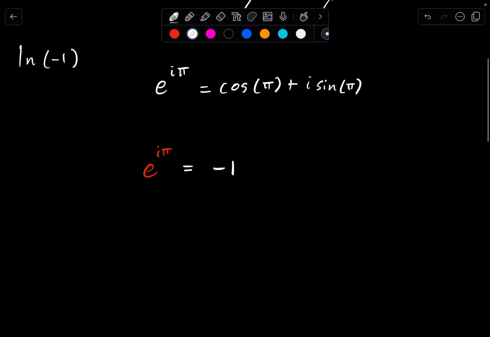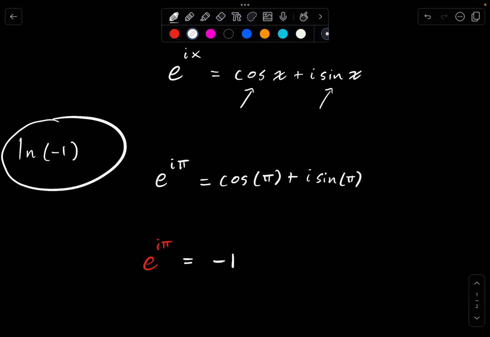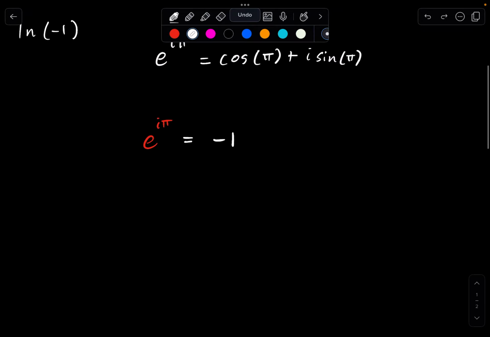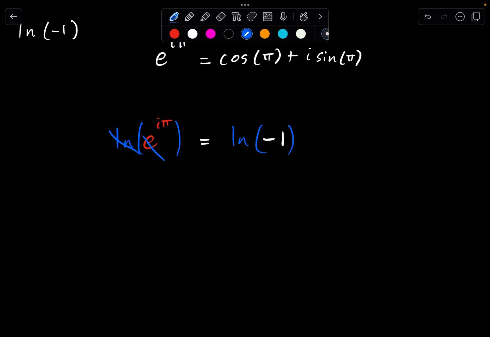So from this conclusion, our initial question was, what is the natural logarithm of -1? We see if we take natural log on both sides, let's do that real quick. Move this to the right here. If I take natural log on here and natural log here, natural log and e cancel, which means i pi is equal to the natural logarithm of -1.